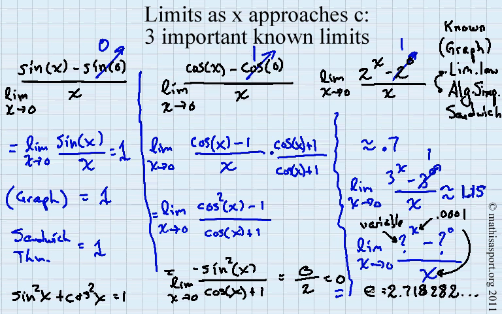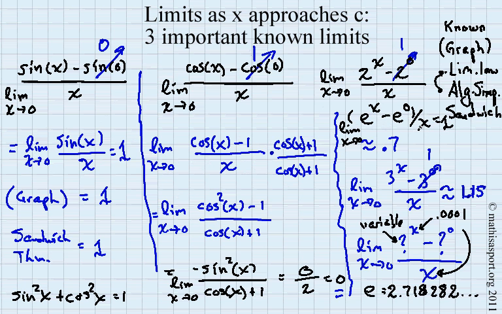So, what I'd really like you to learn is 3 known limits, namely sine of x over x in the limit as x goes to 0, that's 1. Cosine x minus 1 over x in the limit as x goes to 0, that's 0. And there is a number that when we write e to the x minus e to the 0 over x in the limit that x goes to 0, that number is 1.